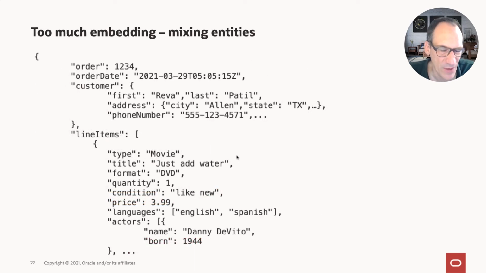Another disadvantage of this embedding is that sooner or later it won't make much sense anymore. We had a simple example here with a movie with actors. But stepping back, say we wanted to build an online shop where you have orders, and orders have customer information, and then they order multiple products.